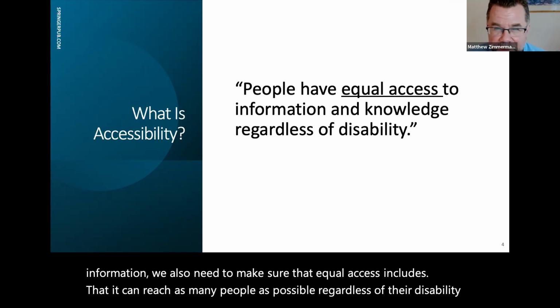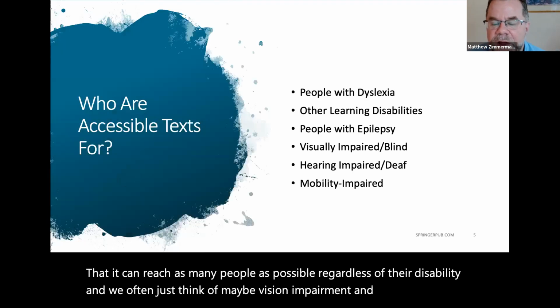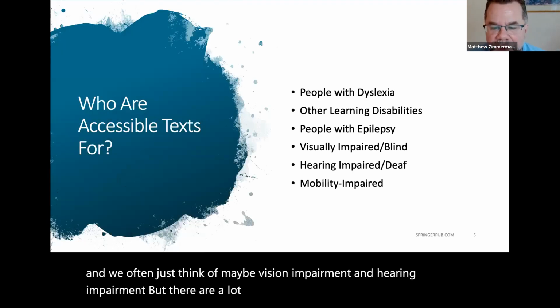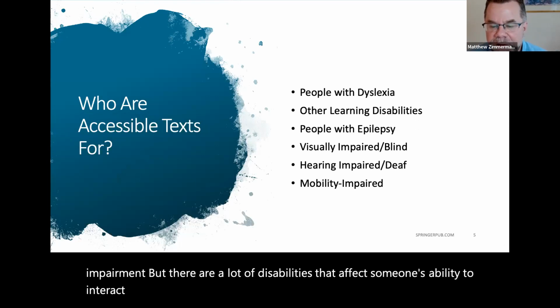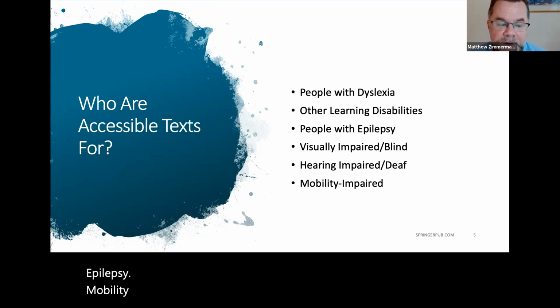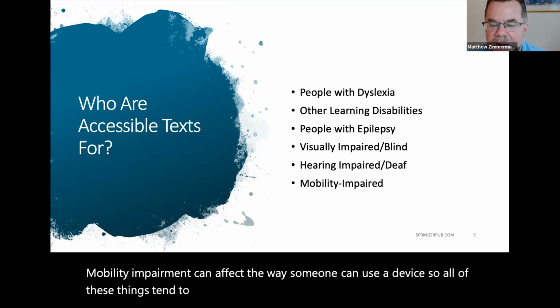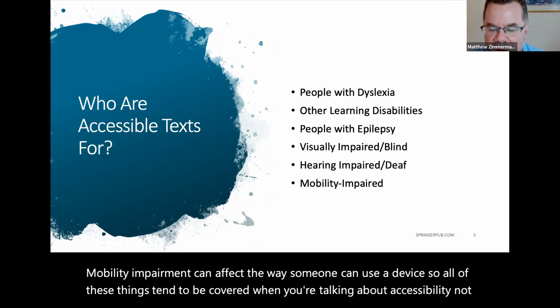We often just think of vision impairment and hearing impairment, but there are a lot of disabilities that affect someone's ability to interact with text, whether it's dyslexia, epilepsy, or mobility impairment, which can affect the way someone can use a device. So all of these things tend to be covered when you're talking about accessibility, not just vision impairment and hearing impairment.